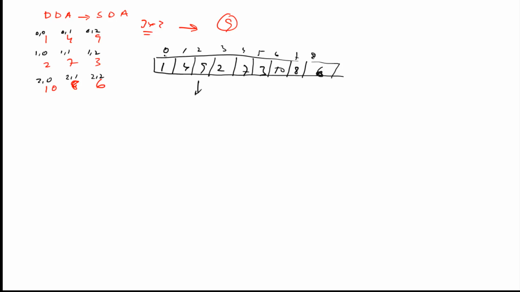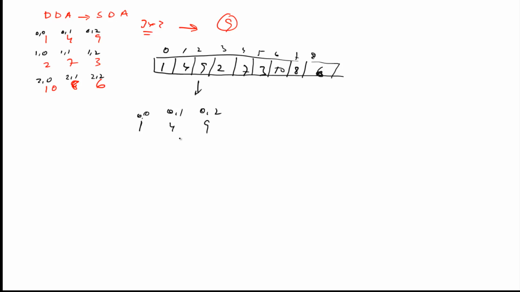This is the 0 index, so the 0 index will come here at 0 0, and then 0 1 will come here. In 0 1, 0 means row and 1 means column.